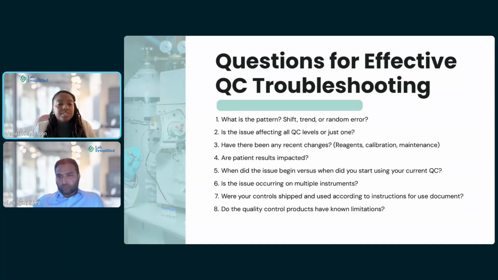If you're seeing an issue randomly and you've been using the control for so long, you may want to look into your reagent, calibrator, or test system in general.